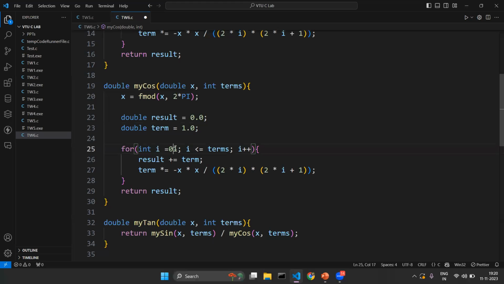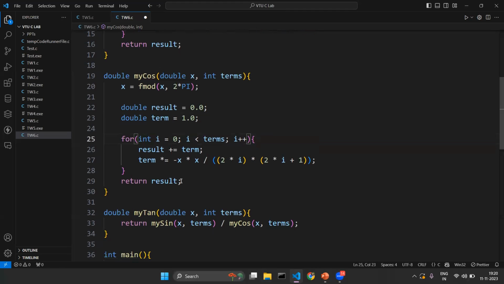i equal to 0 and i less than terms, because we are not going to the nth term. If n is the number of terms, we will be going till the n minus 1th term, not to the nth term in the cos function.